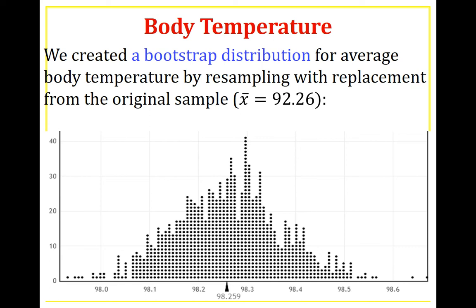So we created a bootstrap distribution for body temperature, average body temperature, resampling with replacement from the original sample of 92.26. Okay, so first of all, if we take a look at this, this is a bootstrap distribution. A bootstrap distribution is always centered up on the bootstrap center.